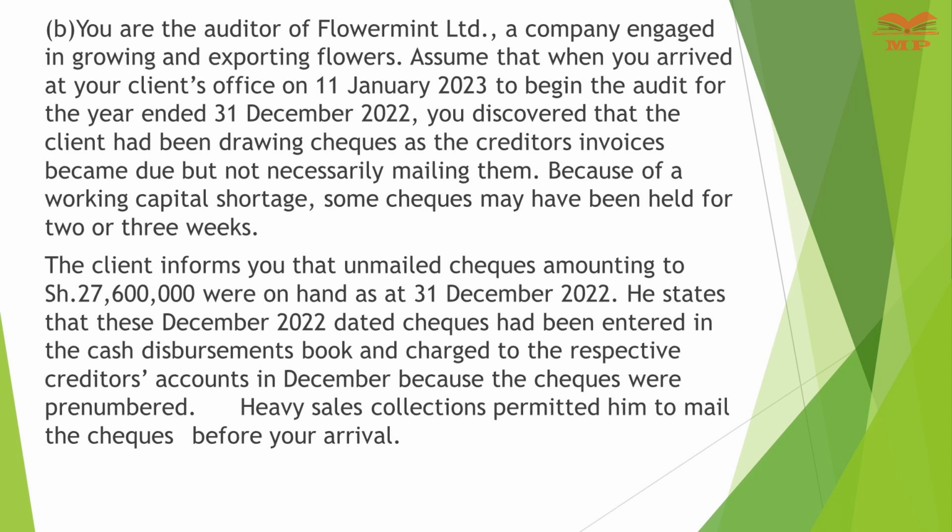The second paragraph is that the client informs you that mail checks amounting to 27.6 million were on hand as at 31st December 2022. He says that these December 2022 dated checks had been entered in the cash disbursements book and charged to the respective creditors' accounts in December because the checks were pre-numbered. Heavy sales collections permitted him to mail the checks before your arrival.